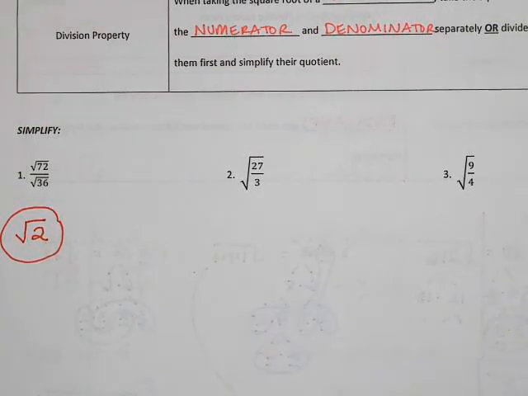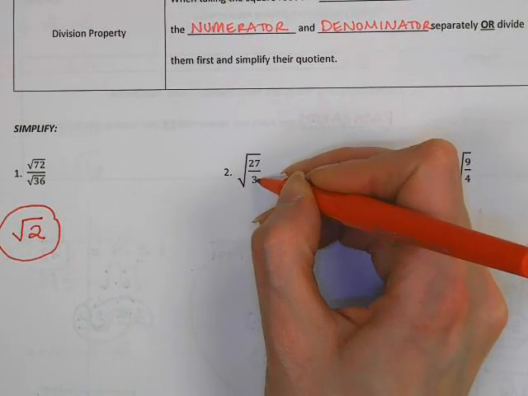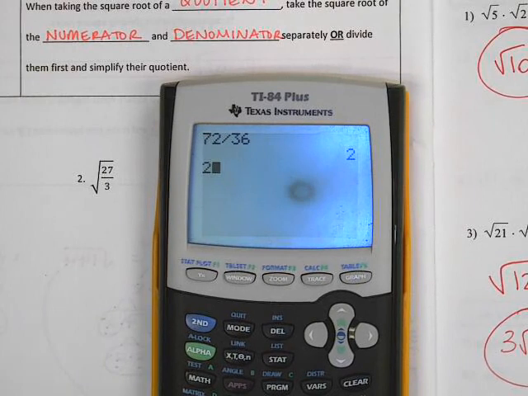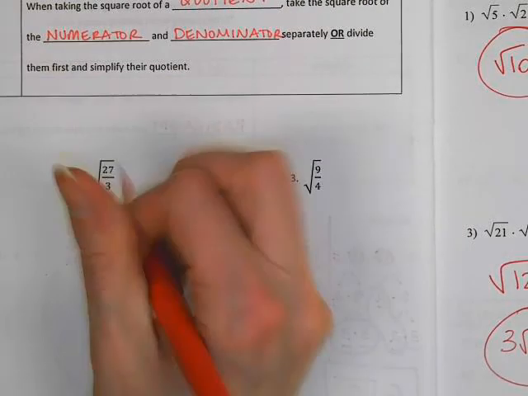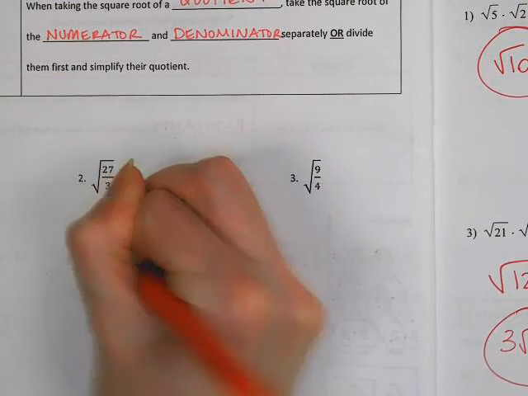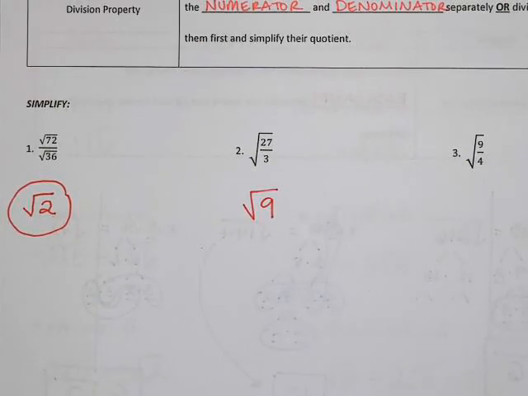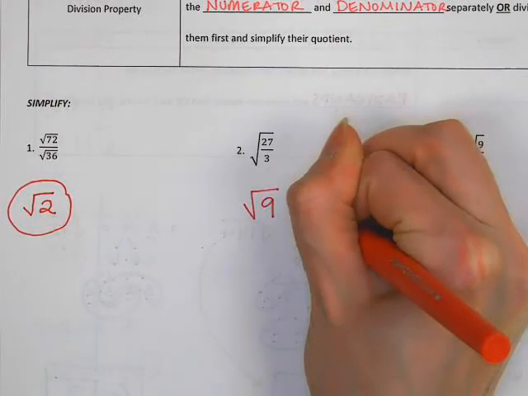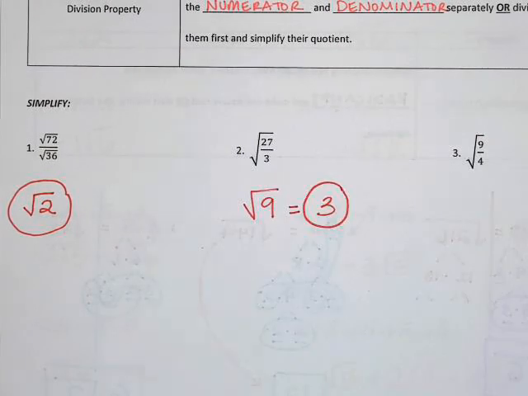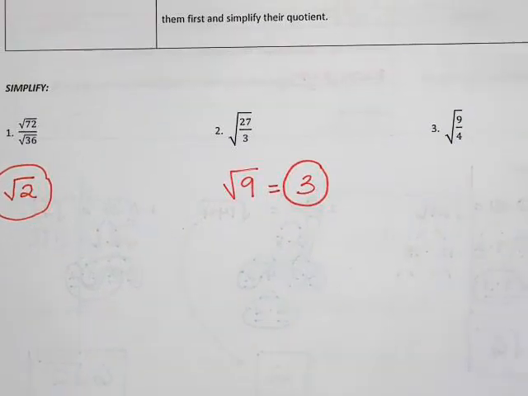Okay, now 27. Root 27 over 3. Same thing. Does 27 divide by 3 without being a decimal? Yes. Okay, so it's 9. So this is actually root 9. But root 9 can be simplified to 3. So this one, the final answer is just 3, because the square root of 9 is 3.